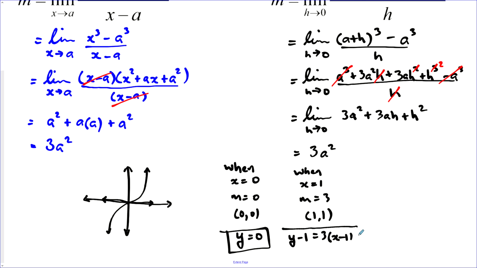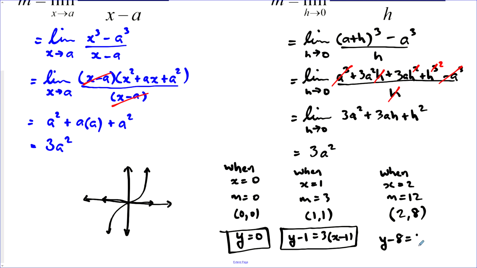And that would be the equation of the tangent that passes through this point, 1, 1. And the last one is when x equals 2. That would be 2 squared is 4, times 3 is 12. So the slope would be 12. And the point, 2 cubed is 8, so the point it's passing through is 2, 8. So the equation of this tangent is y minus 8 is equal to 12 times x minus 2.